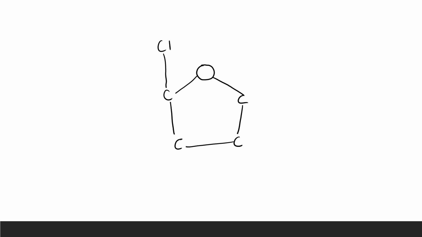All right, now let's make the structure of the pentose sugar first. So this is the structure of the pentose sugar. And this is the last one, CH2OH, right?